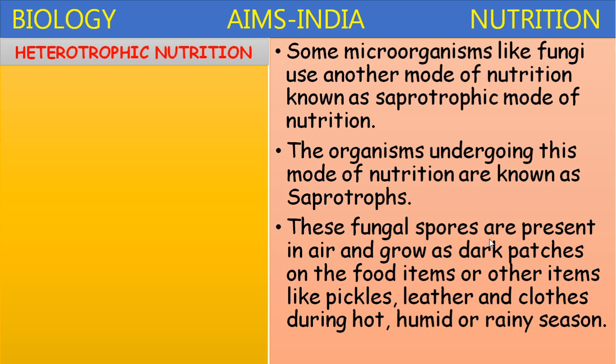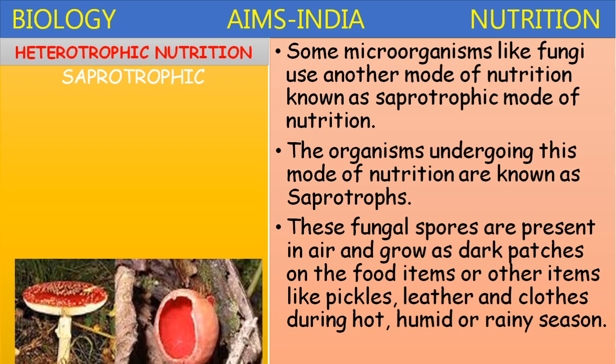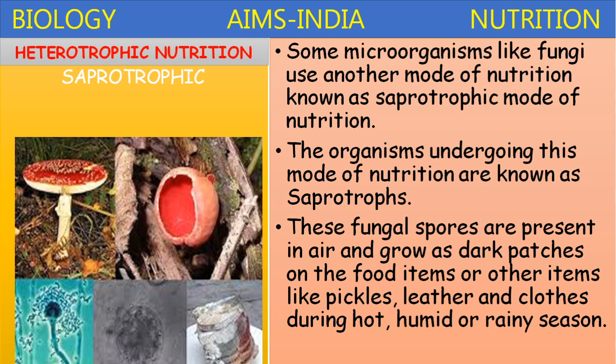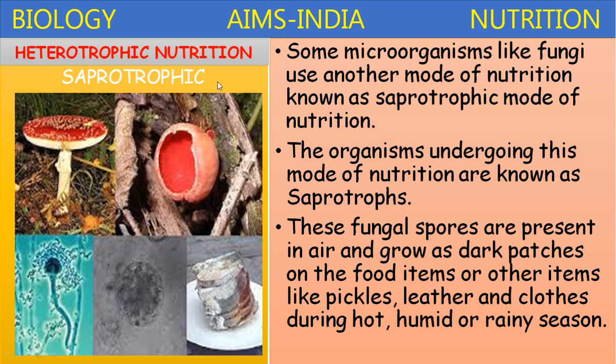These fungal spores are present in the air and grow as dark patches on food items or other items like pickles, leather, bread, cloths. Even in the dark, during hot, humid, rainy season, when the conditions are favorable, they grow on different substances or substratum. This is saprotrophic nutrition, especially fungi.